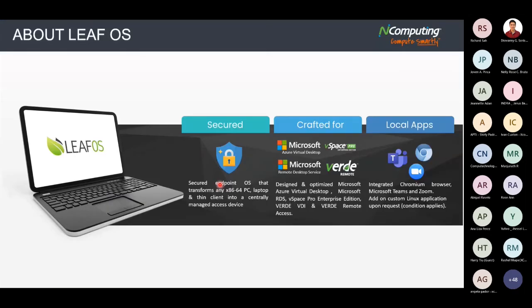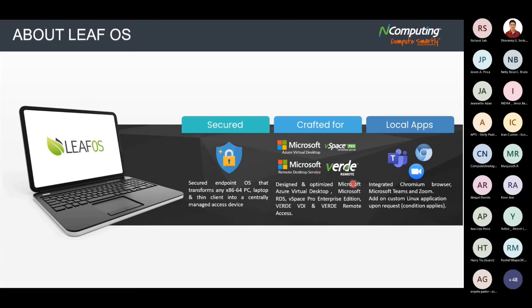Now, Leaf operating system is a secure endpoint in the form of software or an operating system. It's based on Linux, or open source. It's specially crafted for various connectivity platforms such as Microsoft AVD, even Microsoft Remote Desktop, our very popular vSpace platform, and our own Verde Remote or Verde VDI platform.